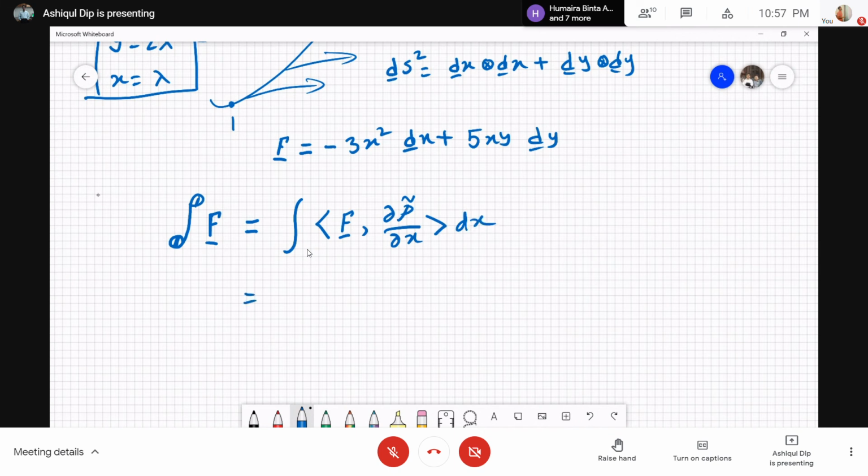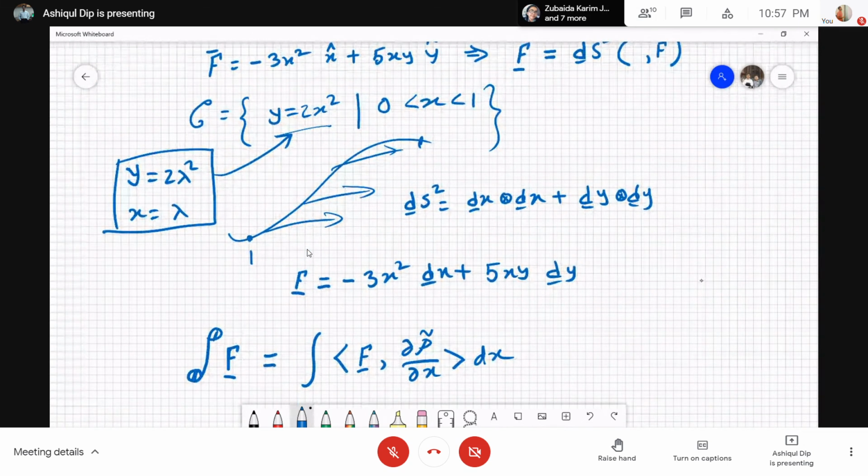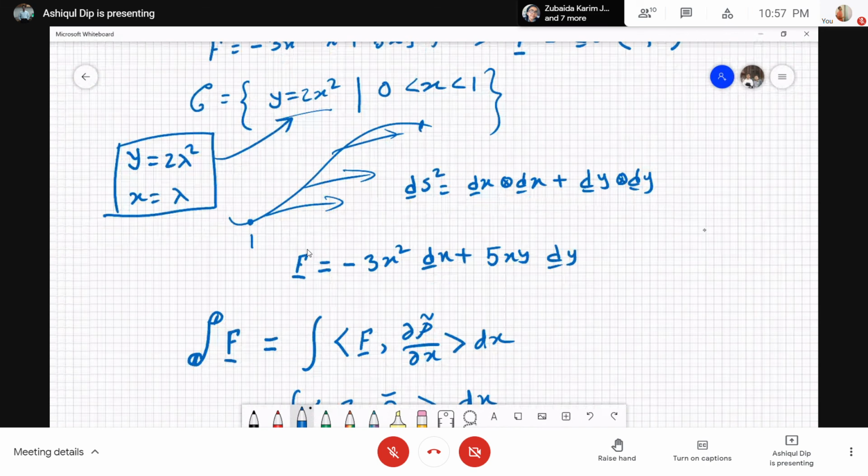That gives you the integration of F pierced with ex dx. Now you also need to set the limit for lambda. What's the limit for lambda? It's 0 to 1, the same limit as for x.